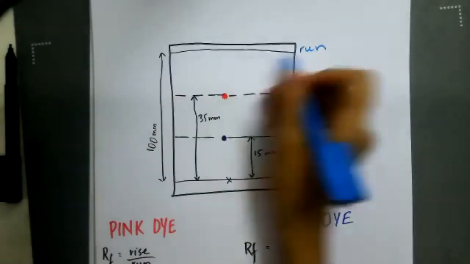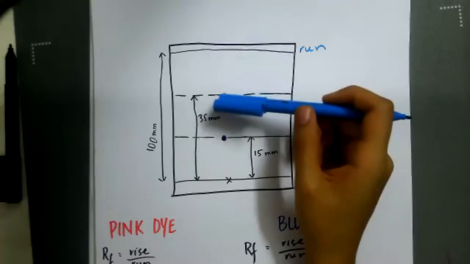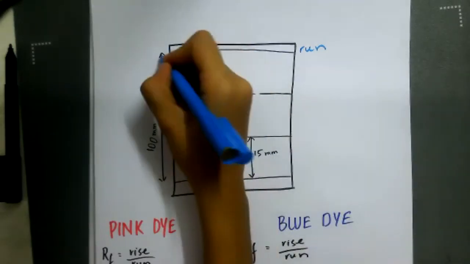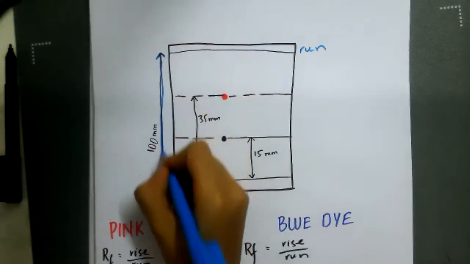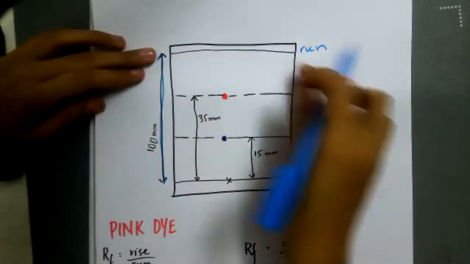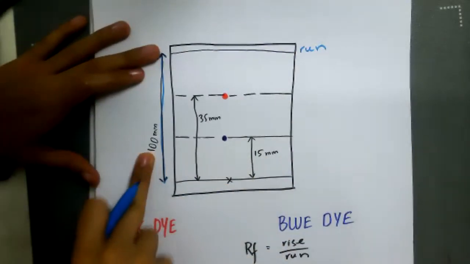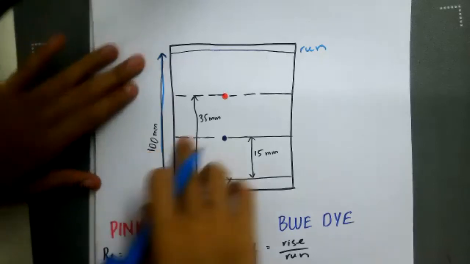So it ran till there, and this is the rise of each of the substances. My run, I'm going to calculate that first. That's the distance between the solvent front and the datum line, which is 100 millimeters over here.